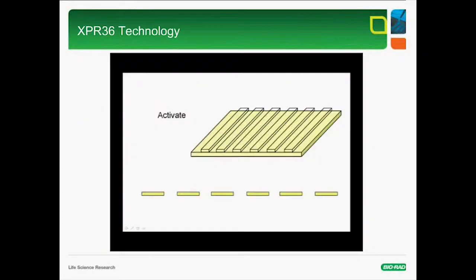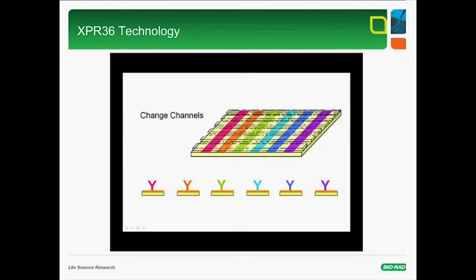In the XPR36 technology, you first activate the 6 channels in parallel. We have a fluidic module to create 6 channels on the sensor chip surface. Then you can immobilize 6 different ligands, or one ligand at 6 different conditions, into the vertical channels. And then you can deactivate these 6 channels. Then the important part is here: you rotate the fluidic module to create 6 horizontal channels after the ligand immobilization.